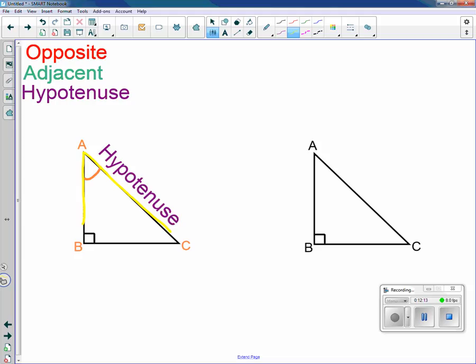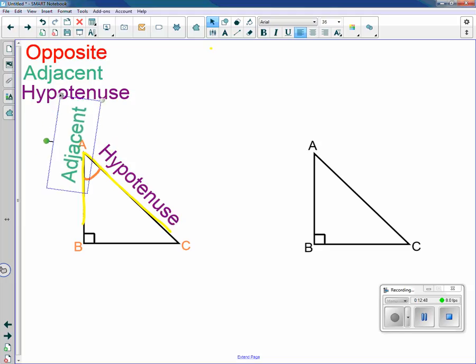If you don't know how to highlight which angle A is, go to A and highlight the two lines that come from A. Those are the angle legs. Now, do you notice one of the sides I highlighted is the hypotenuse, right? The other side that I highlighted is the side next to the angle I'm talking about, which is your adjacent side. So the other side you highlight is always your adjacent side because it's next to the angle.